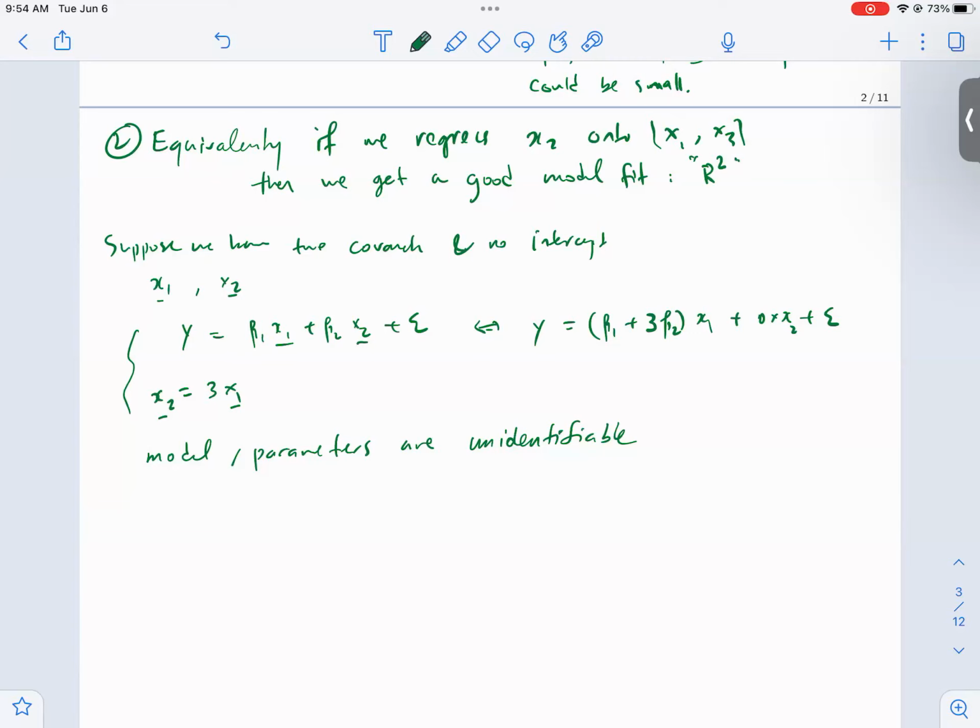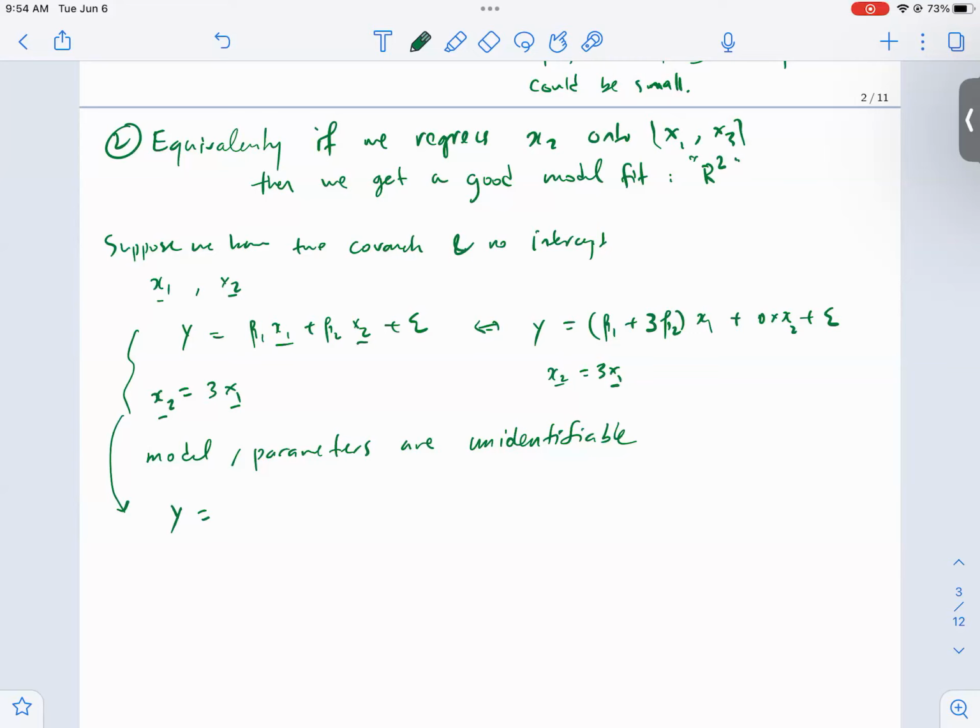Can anyone give me another sort of beta? So these two models are the same. Can we have another one? You can shift any amount of x2 onto x1 and vice versa and change the betas.